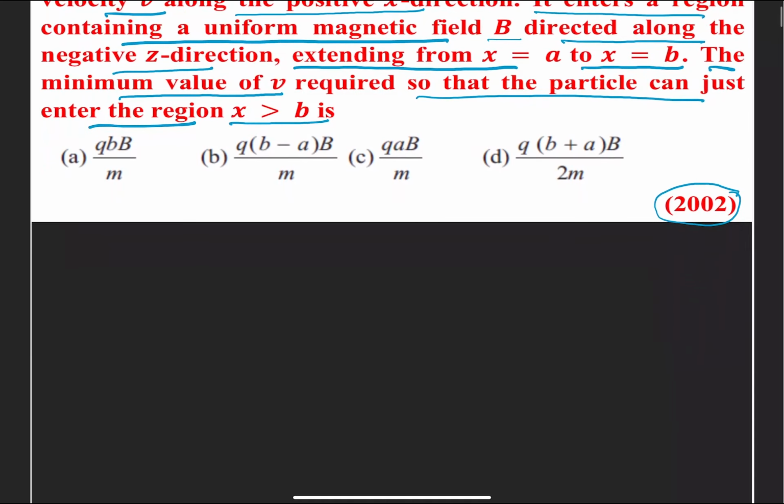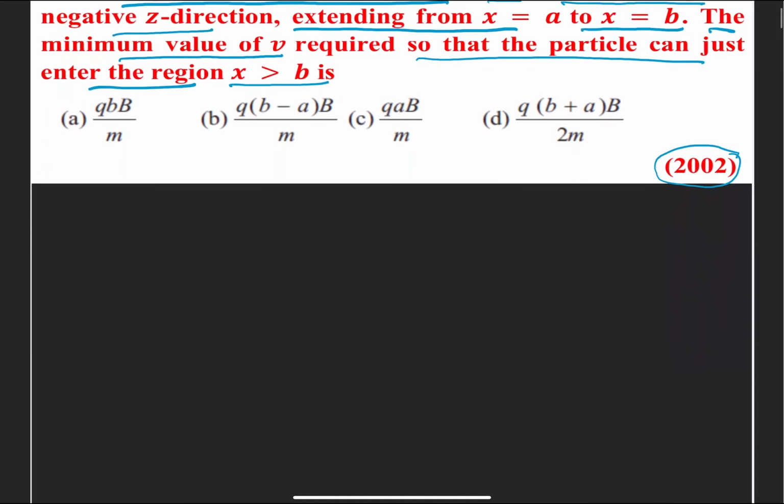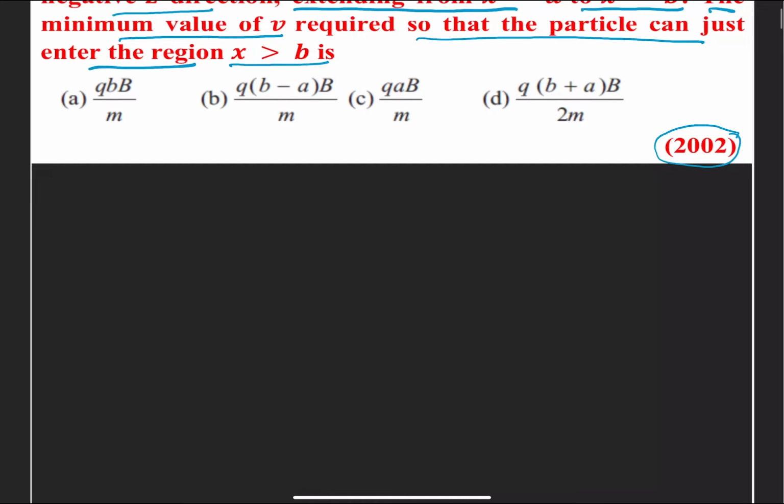In this case, we are given that, let us draw an approximate diagram for that. This is the x-axis and we have the y-axis, and there are two coordinates given, x equal to a and x equal to b, and the magnetic field is only present between these two regions.